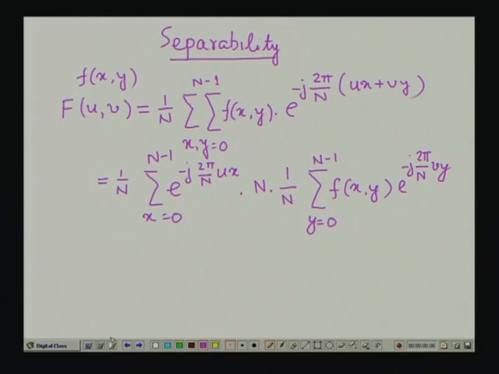The scheme that we described in the last class is like this. If I have an input array given by f x y, this is the x dimension, this is the y dimension.